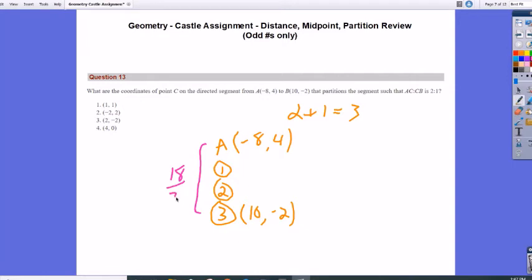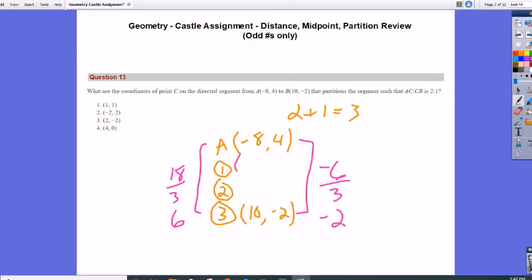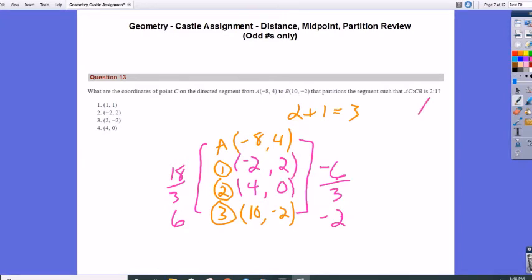If we divide that by 3 sections, this side's going to go up by 6. 4 down to negative 2 is down 6. Divide that into 3 sections. This side's going to go down by 2. So negative 8 up 6, negative 2, up 6 again to 4, up 6 again to 10. That makes sense. 4 down 2 to 2, down 2 again to 0, down 2 again to negative 2, and we are looking for the second one, so 4, 0 is choice number 4.